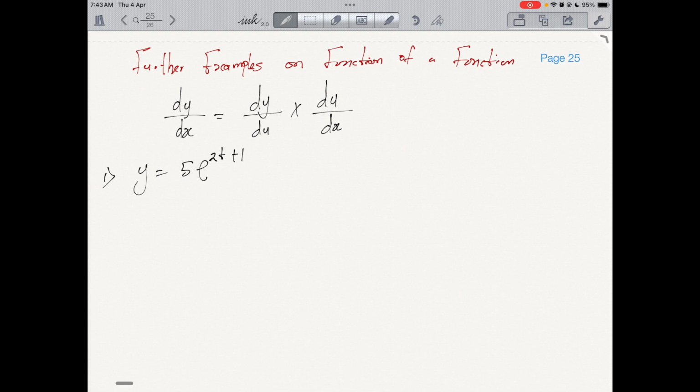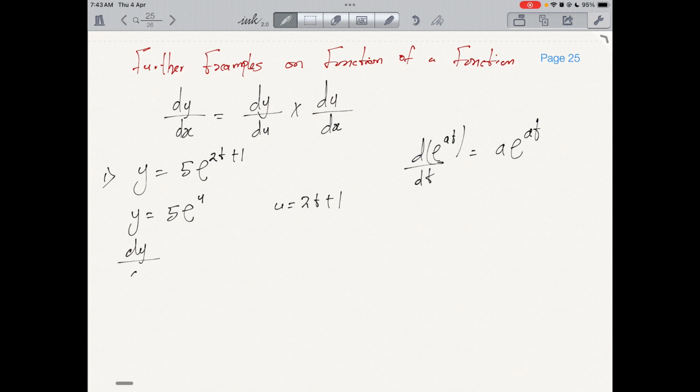Recall that when it comes to the exponential function, differentiating with respect to t of e raised to power at will give us a exponential at. Now, in this case, we can make this equal to u. Therefore, we say u is equal to 2t plus 1, and therefore y will be equal to 5 exponential u.